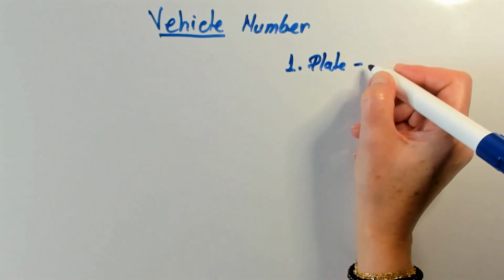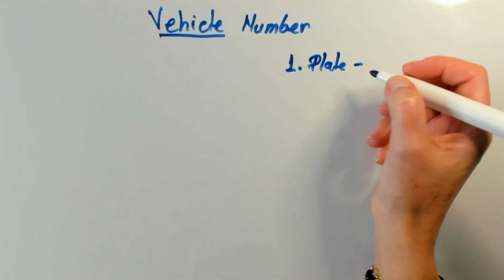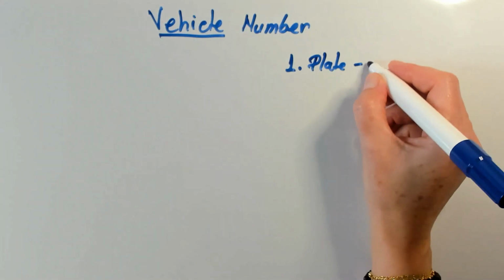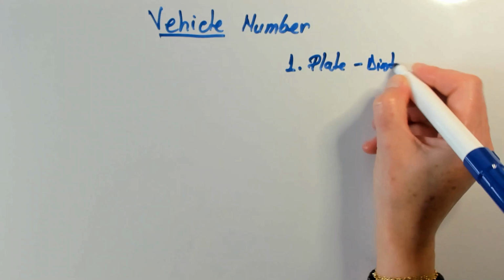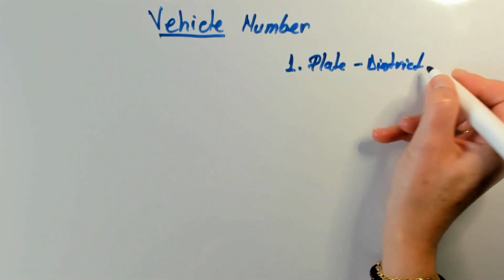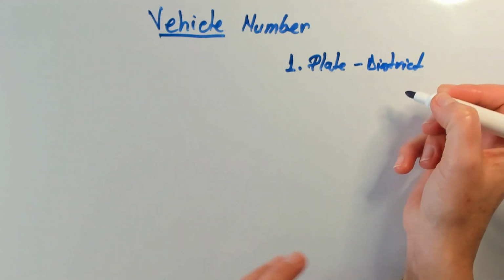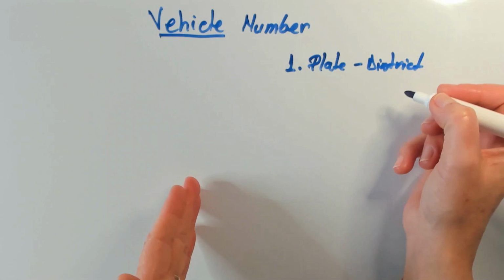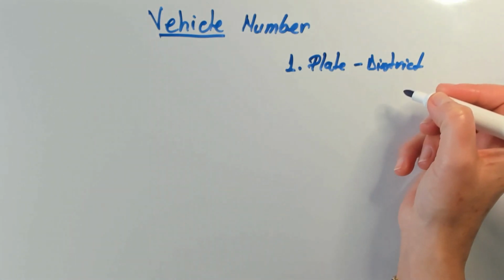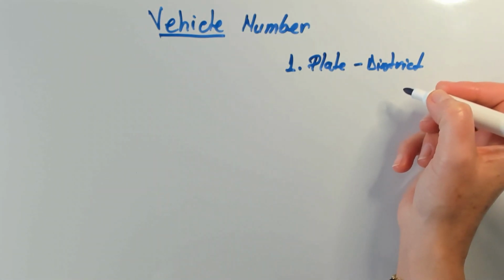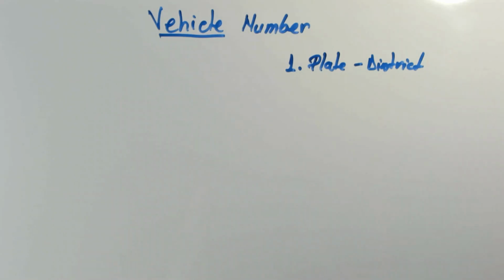And we never take the letters or the district. Sometimes you're going to see some numbers in front with the district. No, we take only the numbers that are associated with your vehicle after you buy it.